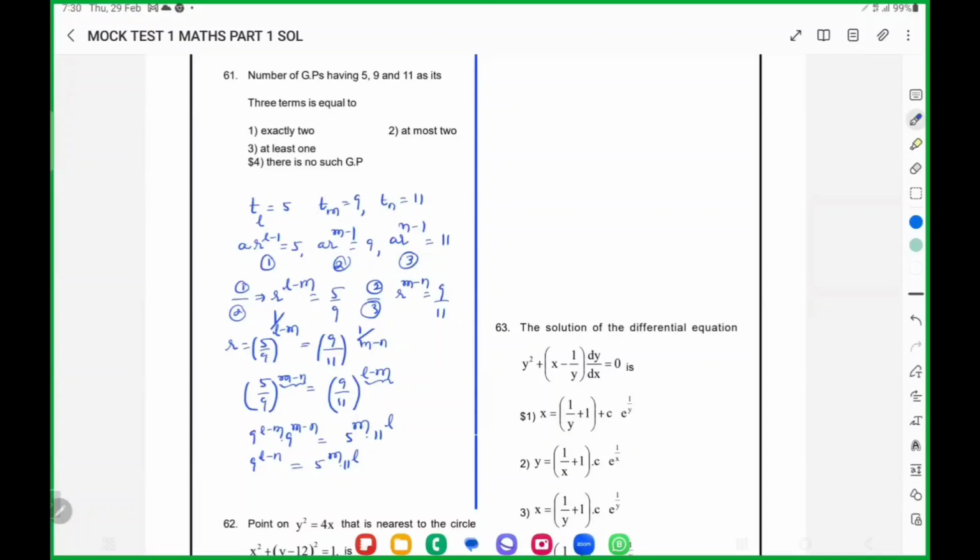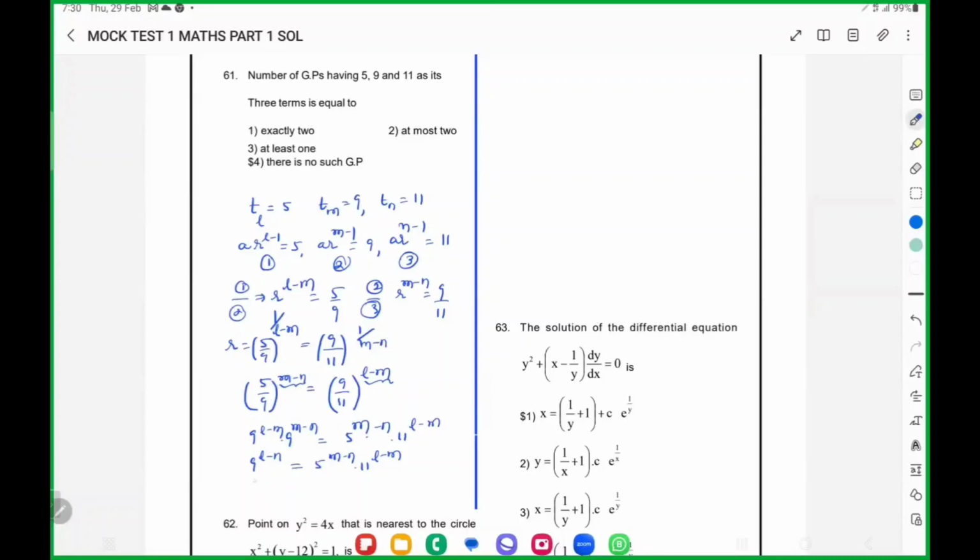That is 5 power M minus N into 11 power L minus N. So here L, M and N are integers.